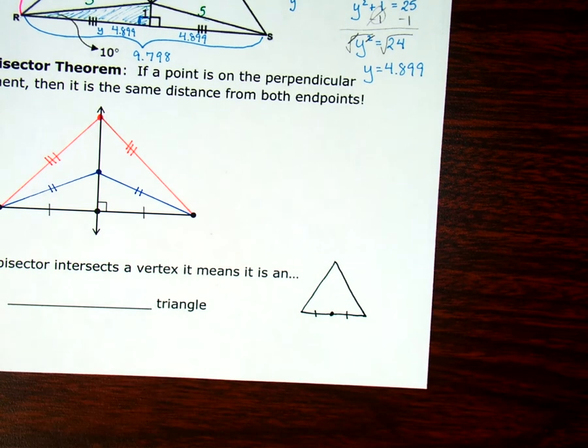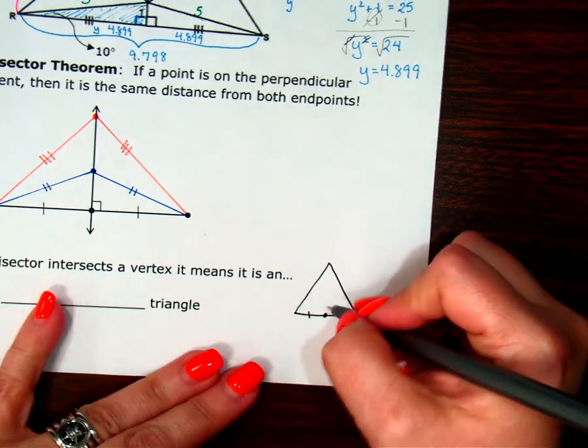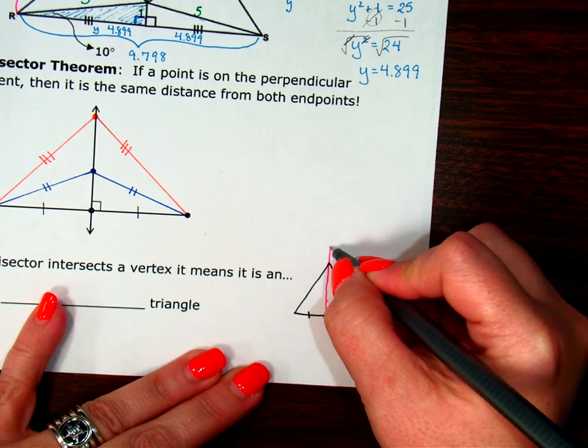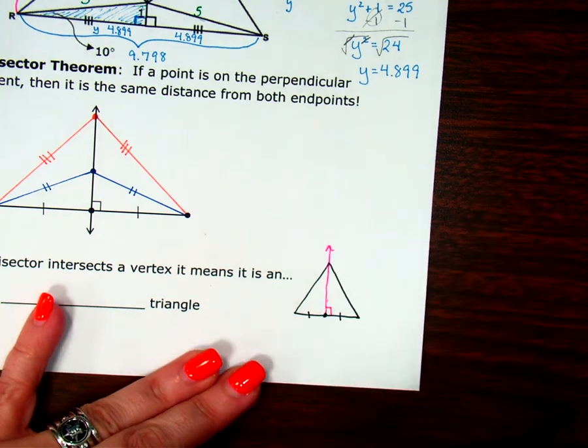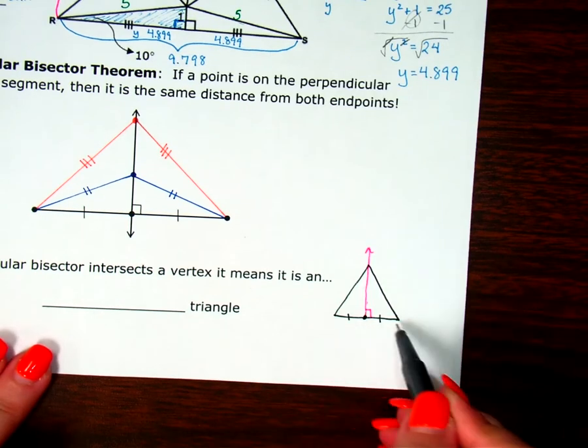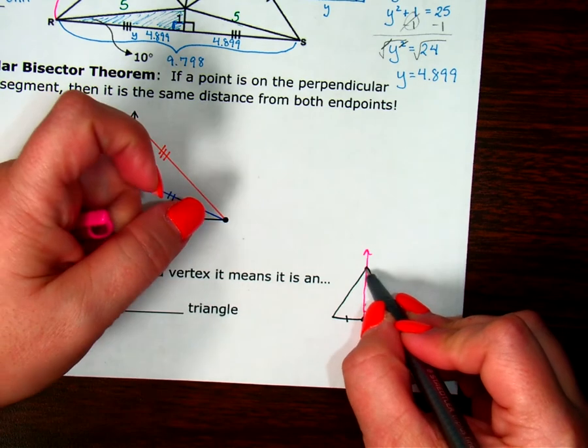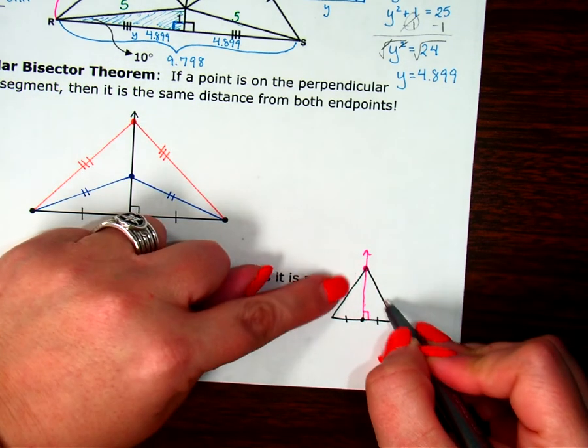If I leave that midpoint at a 90-degree angle, and if it goes through the vertex, that's going to tell me something about the whole main triangle, because I know that this point on the bisector has to be equidistant from both ends.